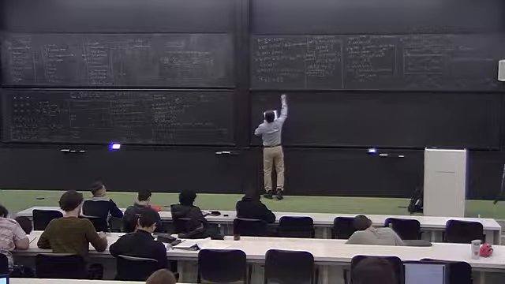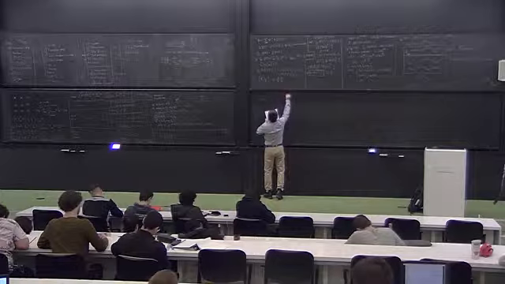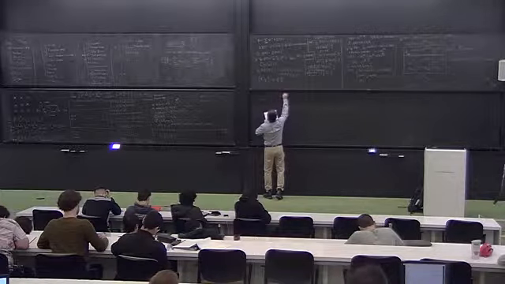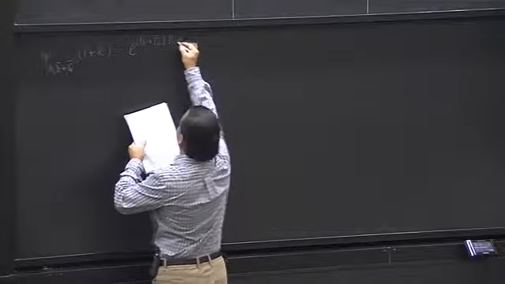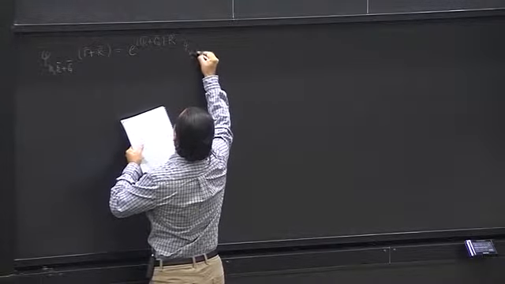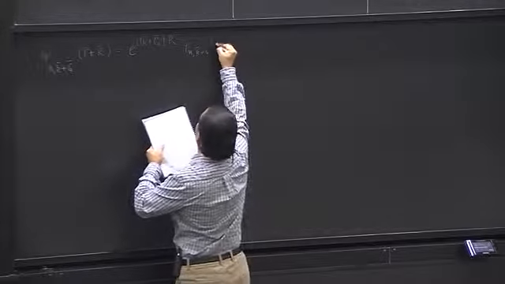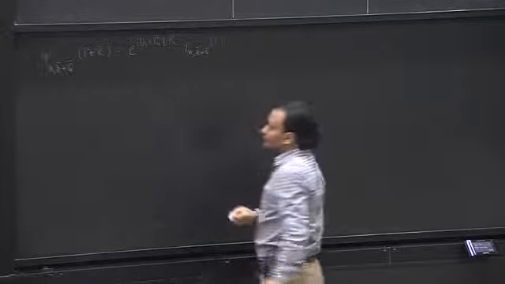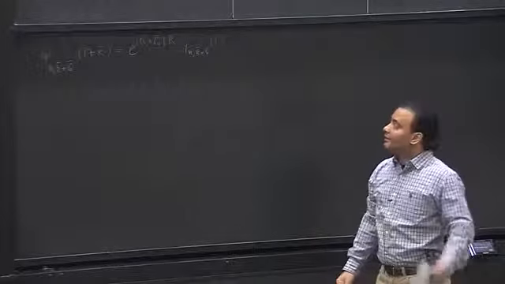This means that e to the power i (k plus G) dot r should be psi n k plus G, right?